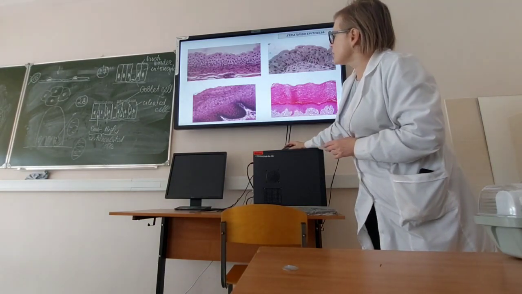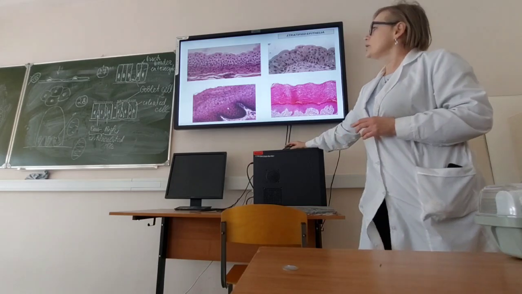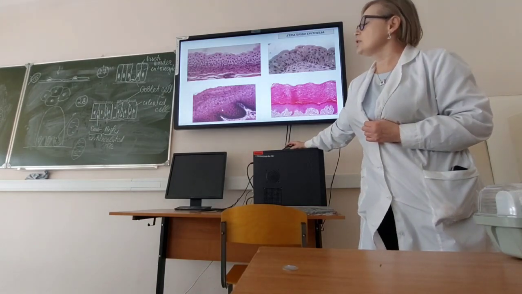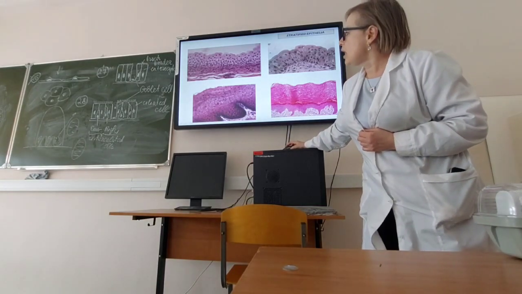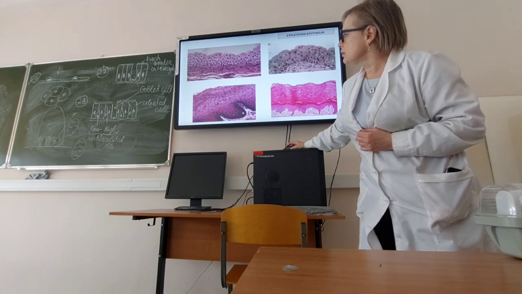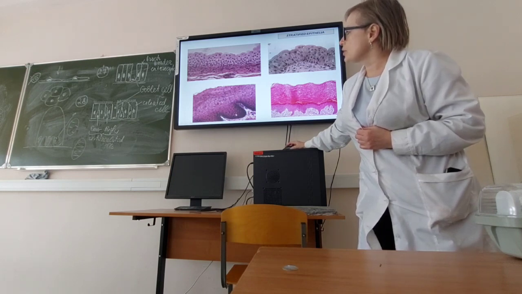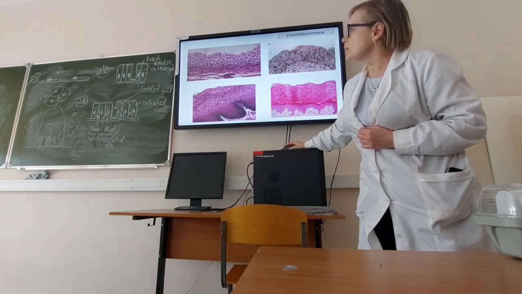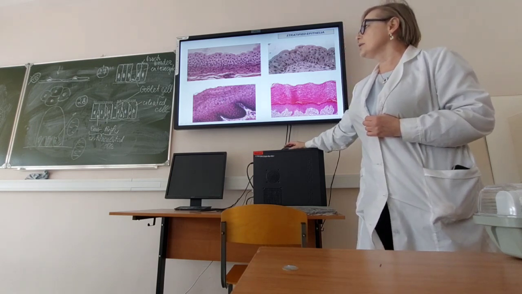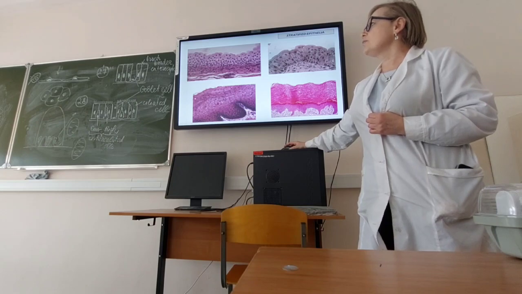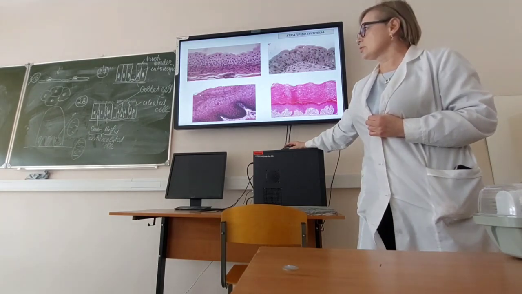Let's look at this epithelium. It's also stratified, which consists of 3 layers. First layer, basal. After that, spinosal, and look please, superficially situated cells will be flattened.